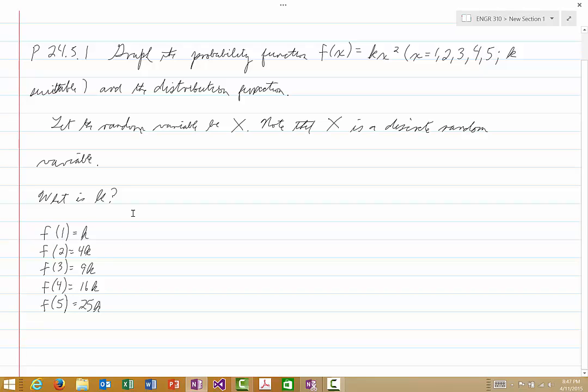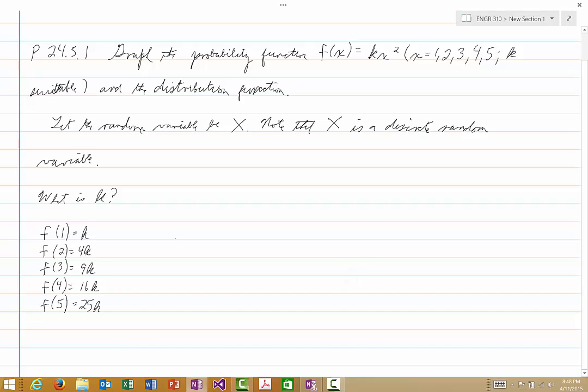Now, even if you haven't read this section in the textbook yet, I imagine that you can guess how we can find k. If these are the only 5 values that the random variable can assume, and here are the probabilities in each case, then how do we find k? Well, we simply use the fact that if we add up all of those probabilities, it must be equal to 1.